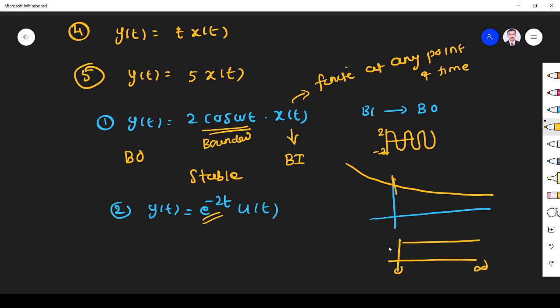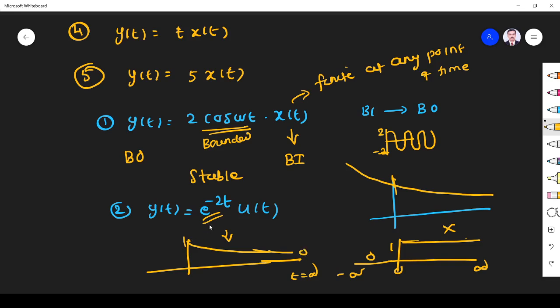So when you multiply this signal with u of t, what will happen? From minus infinity to 0, even though this has a value, if you multiply with 0, it will be 0. Thereafter u of t is 1, so anything multiplied by 1 remains the same. This is e power minus 2t into u of t. When t tends to infinity, e power minus infinity is 0.